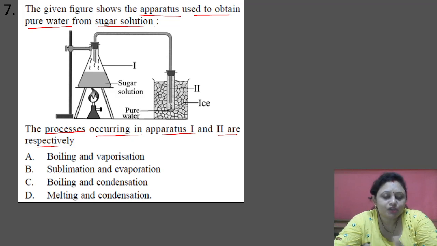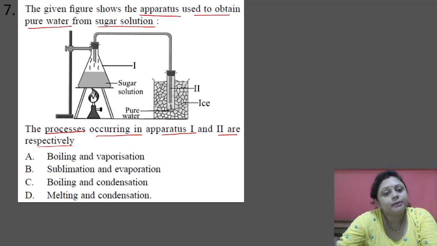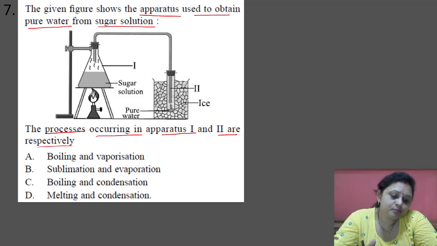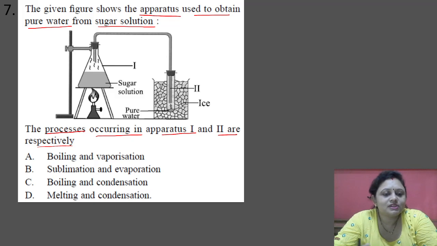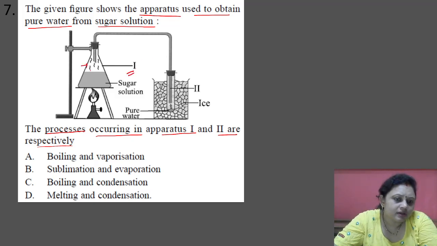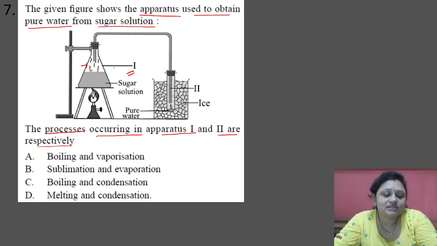Okay, so we have a sugar solution, and from that sugar solution we are trying to get pure water. So how can we get it? Some processes are going on, and we have to identify the processes. So the first one, in apparatus 1, here you can see vapors are forming, right?